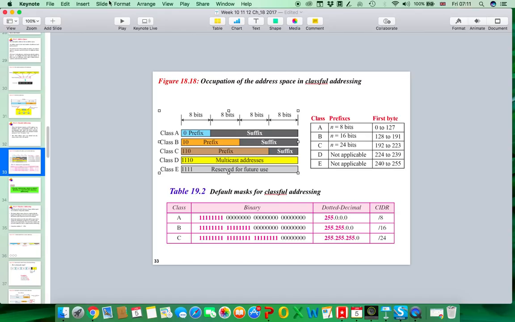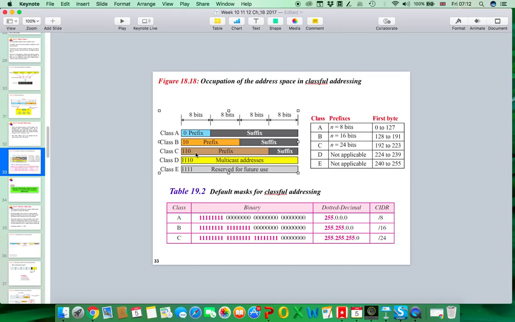We can also, instead of writing the whole thing like this, just give slash and the number of network bits. So in this case, the number of network bits is 8, so we can also write slash 8. In this case, it is 16. So we write slash 16, slash 24. Okay, so this is classful addressing.